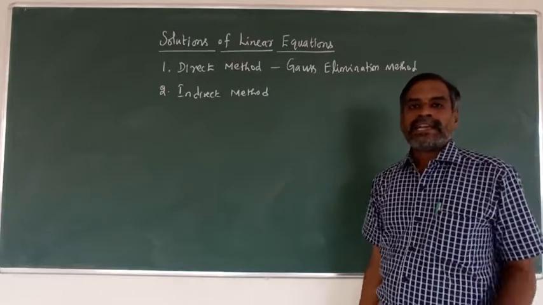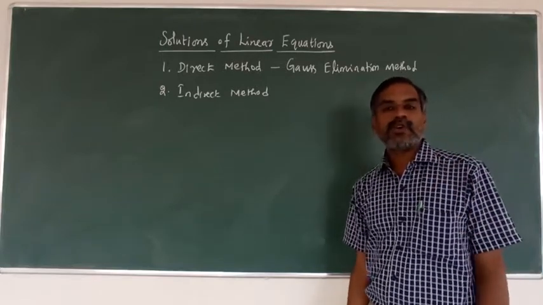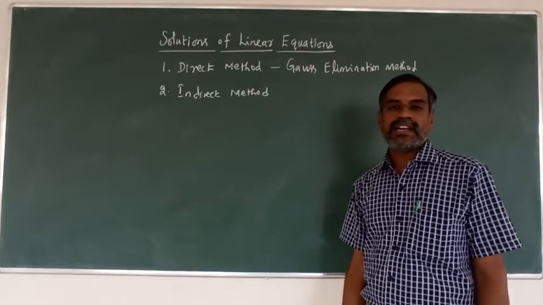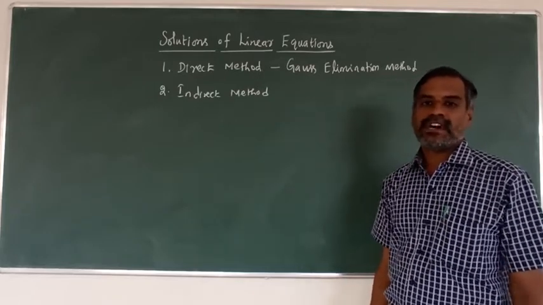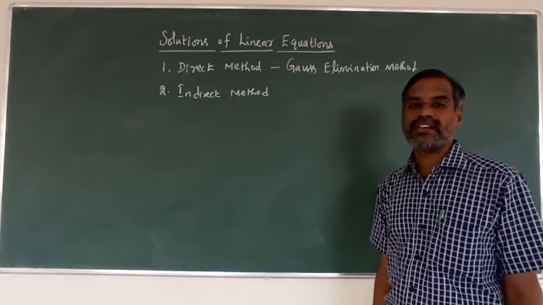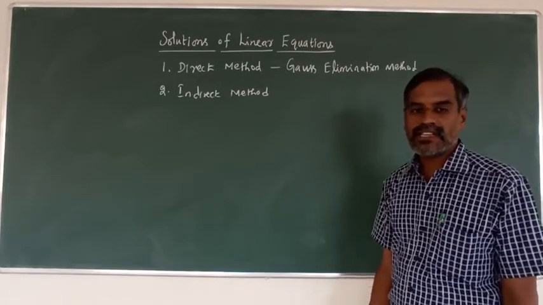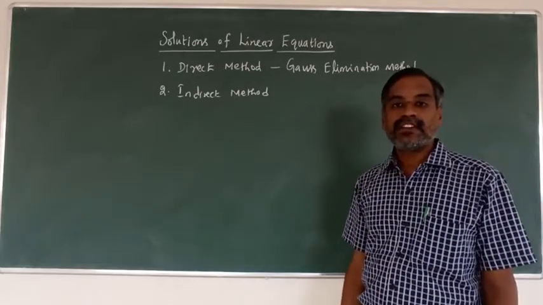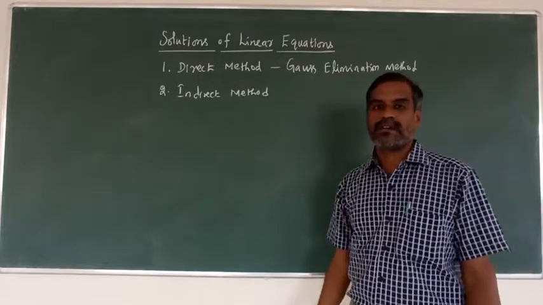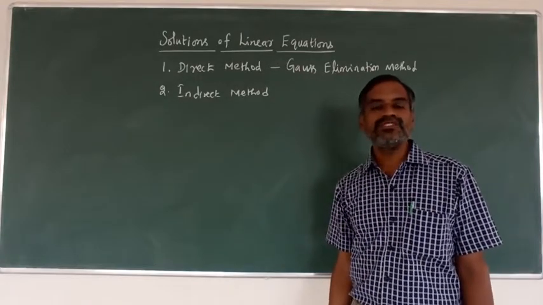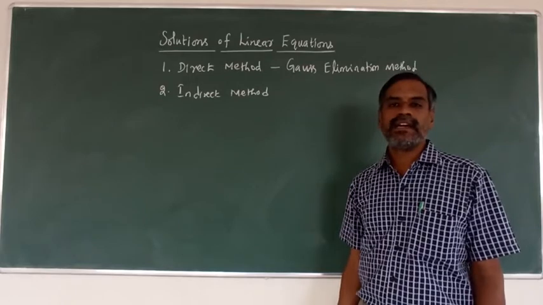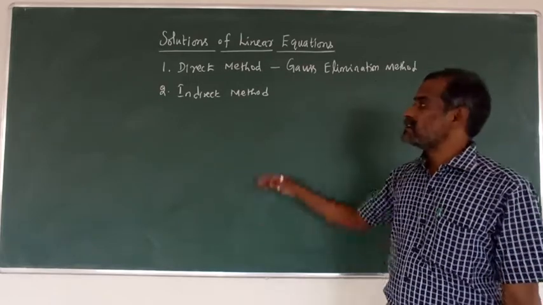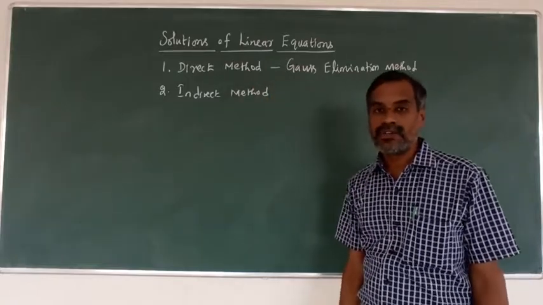Now, to eliminate particular terms or make a particular value zero, and to solve the three given simultaneous equations by the Gauss elimination method. Gauss elimination means making zero for a particular pivotal element. This is called the direct method.